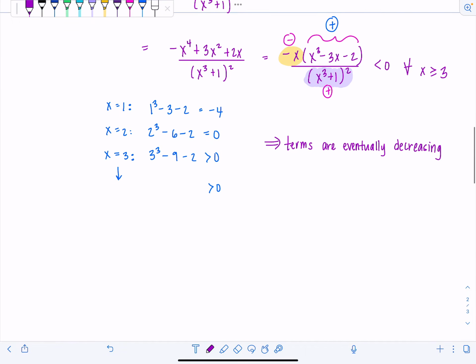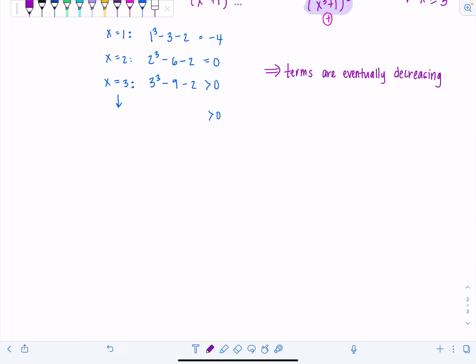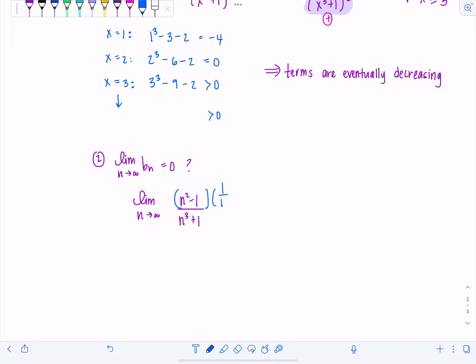And then the second condition that we need to check is that the limit as n goes to infinity of bn equals 0. So let's check. What is the limit as n approaches infinity of n squared minus 1 over n cubed plus 1? To compute this limit, let's divide top and bottom by the highest power of n in the denominator, which is n cubed.